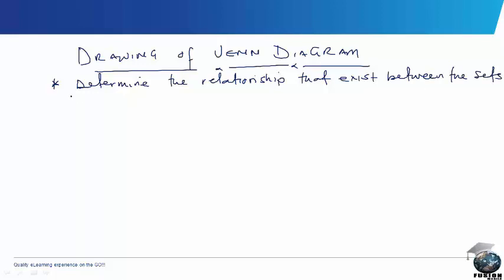We have to determine relationships, like whether they are subsets. What we look out for is whether they are subsets, or whether they are intersections. And if there are intersections, what happens?